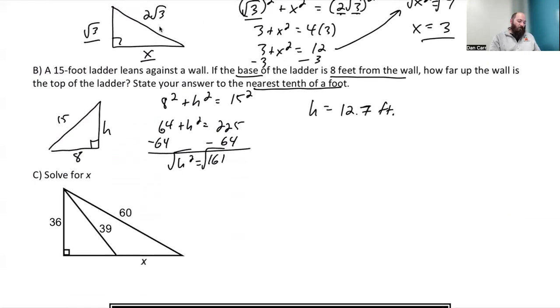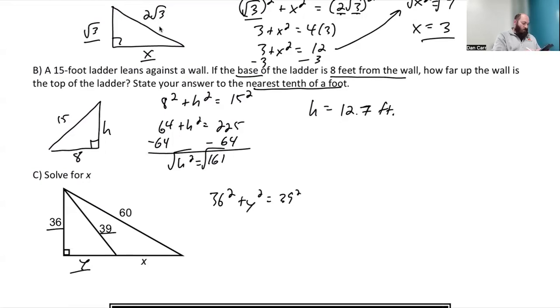Right here, we want to solve for x. So this is a good one because it's a good complicated one, but we're going to set it up as a double problem. We're going to start with, we'll call this one side y. We have 36, 39, and y make up a right triangle. So I'm going to do 36 squared plus y squared equals 39 squared.